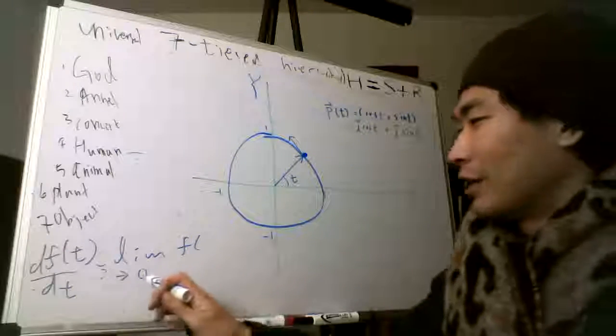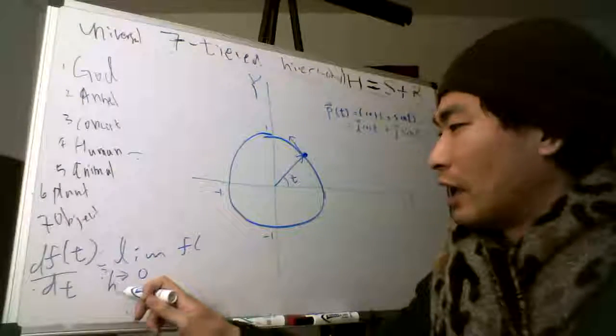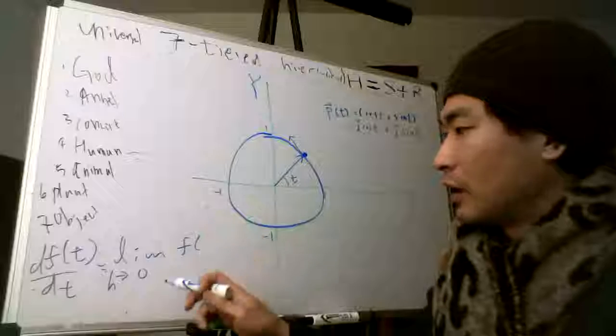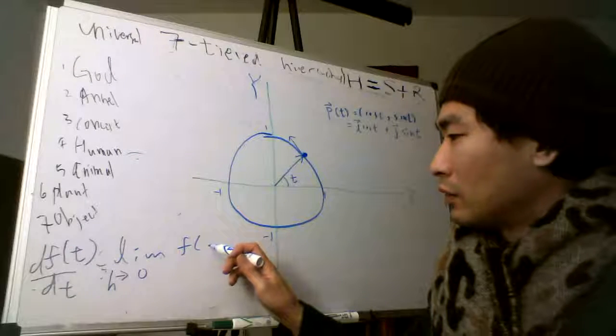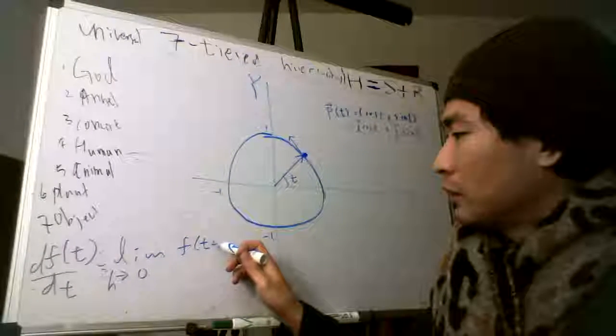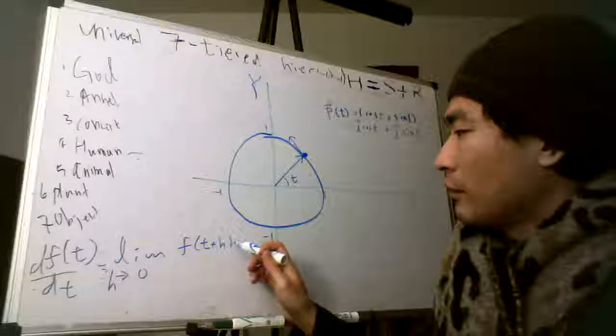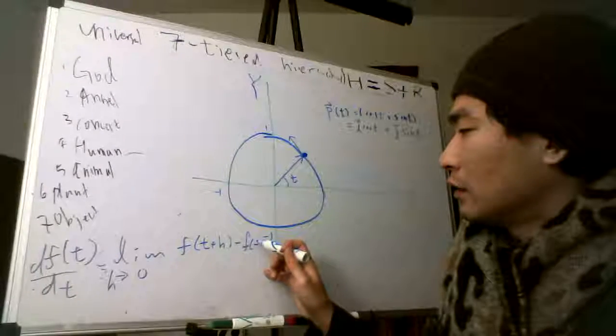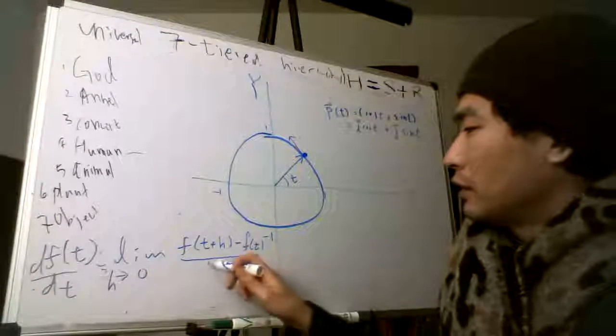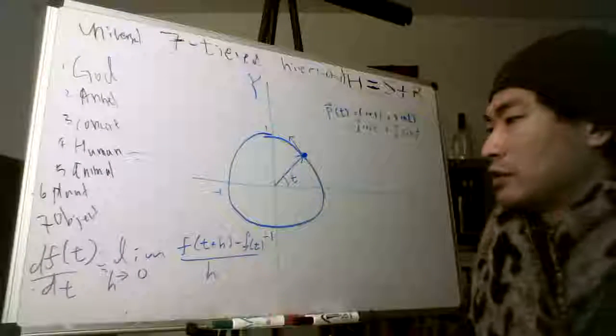So time is not going to 0, it's h, the delta t difference in time, that's what's going to 0. So f(t plus h) minus f(t), divided by h. That's the classical definition of differentiation.